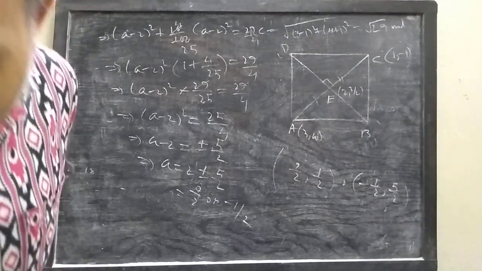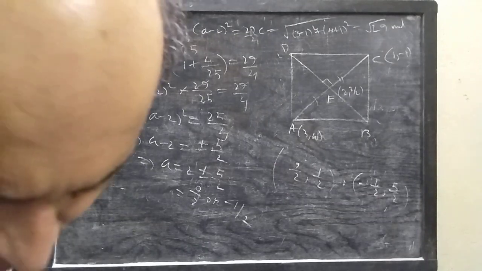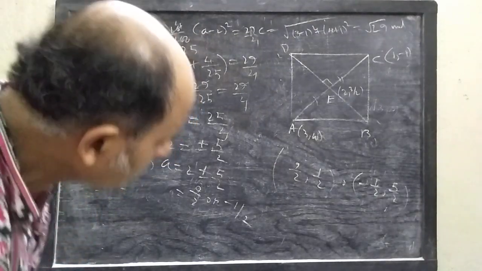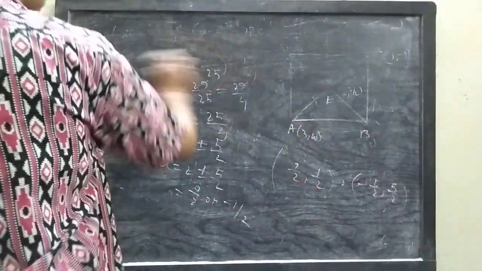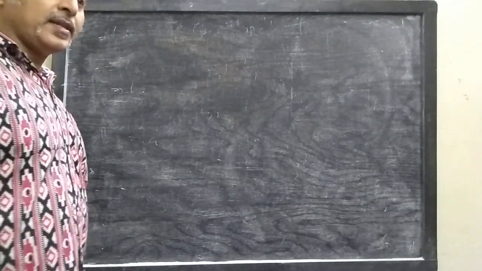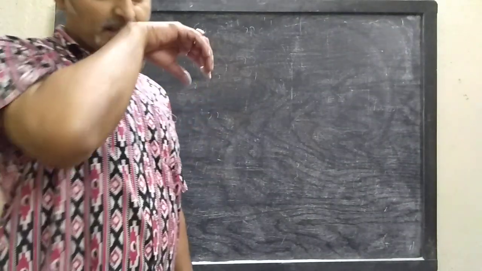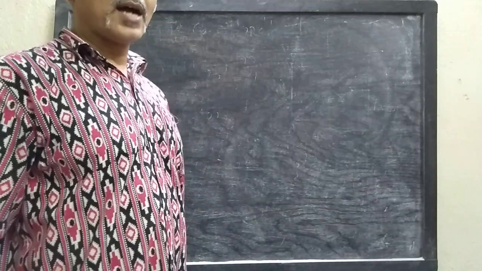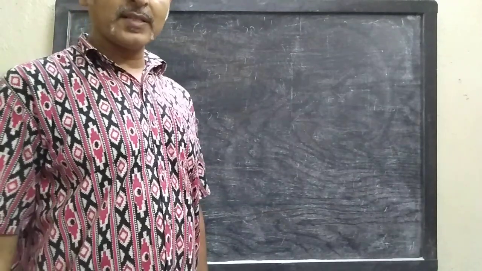Achha. I am writing the steps. What you have to do to solve this type of problem. Write down, when two opposite vertices of a square are given and we are asked to find the remaining two opposite vertices, then we proceed as follows.